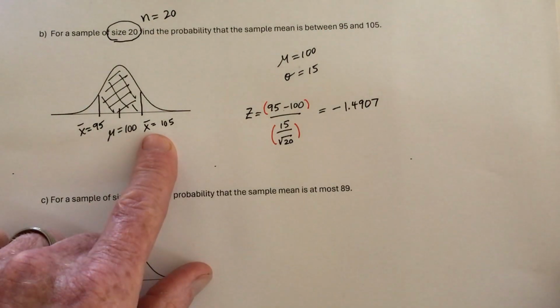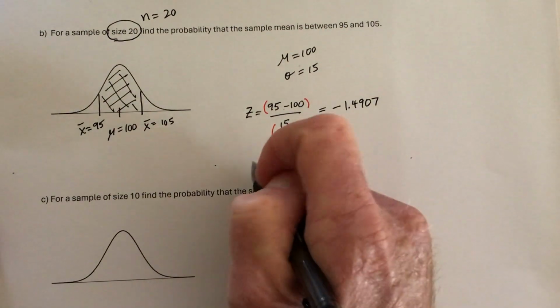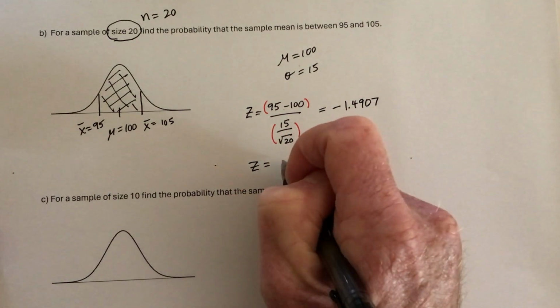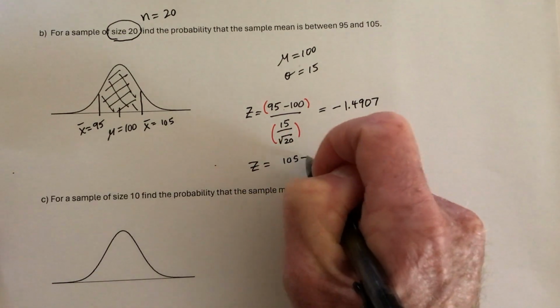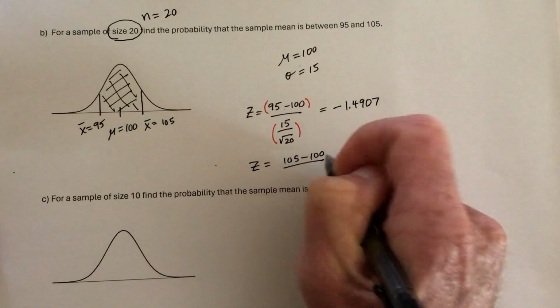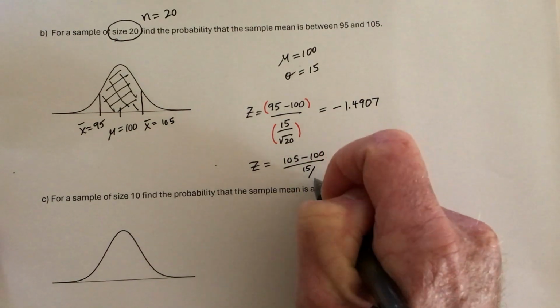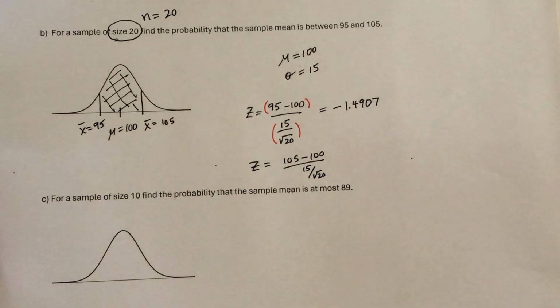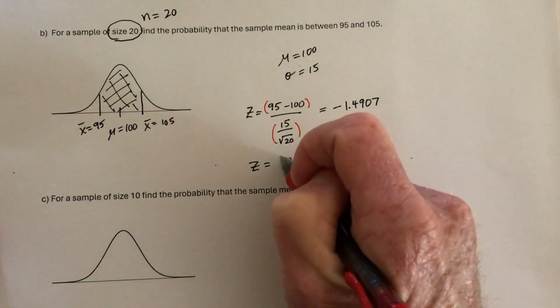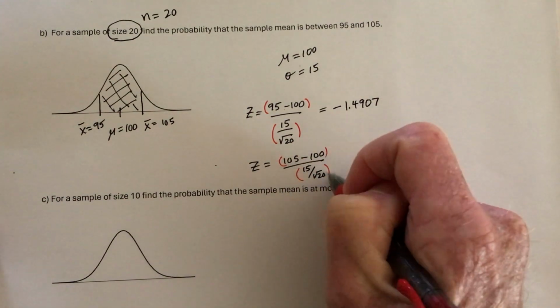And then do the other z-score for the 105. Z equals 105 minus 100 gets divided by 15, and that gets divided by the square root of 20. Parentheses, parentheses.